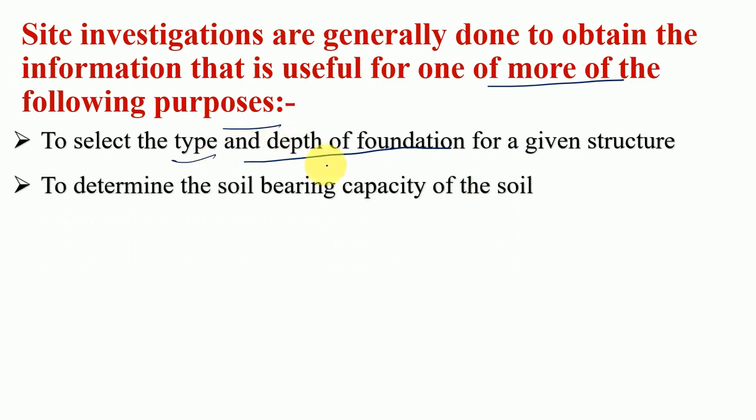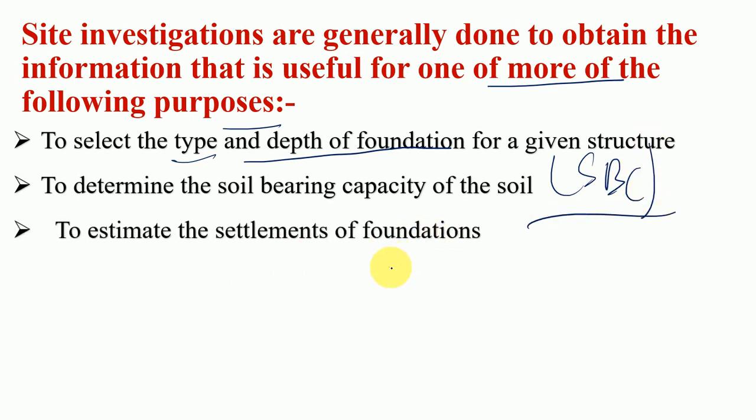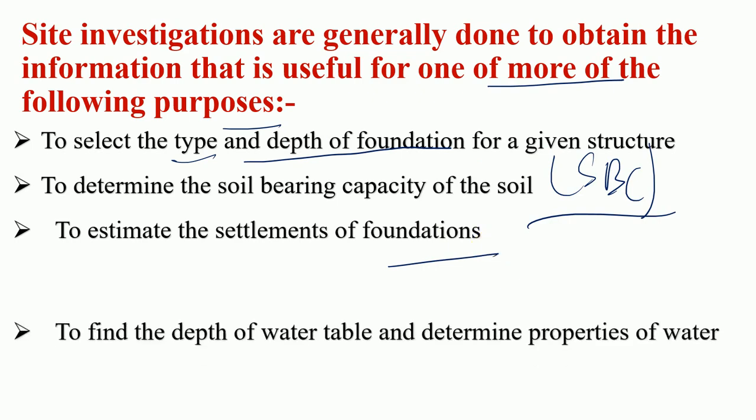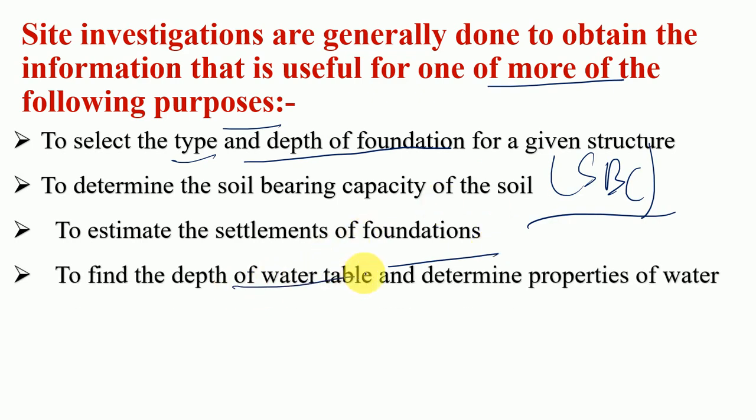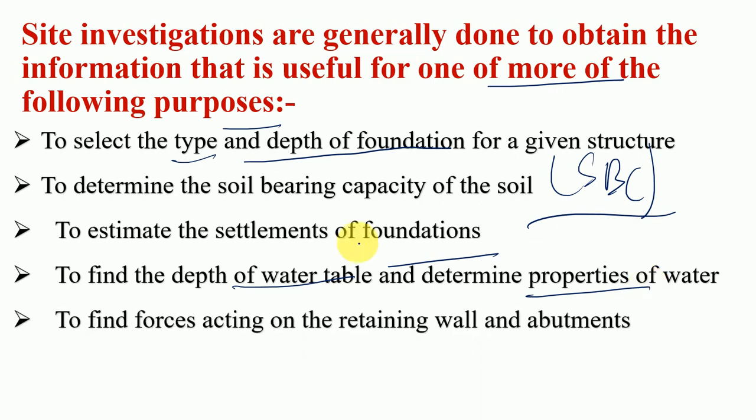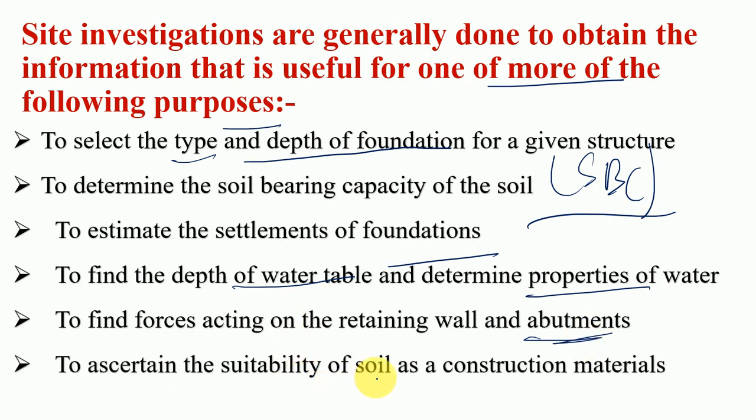Then to determine the SBC of the soil, which is very important, and to estimate the settlements of the foundations, then to find the depth of the water table and determine its properties, very important, then to find the forces acting on the retaining wall and the abutments, and to ascertain the suitability of soil as a construction material.